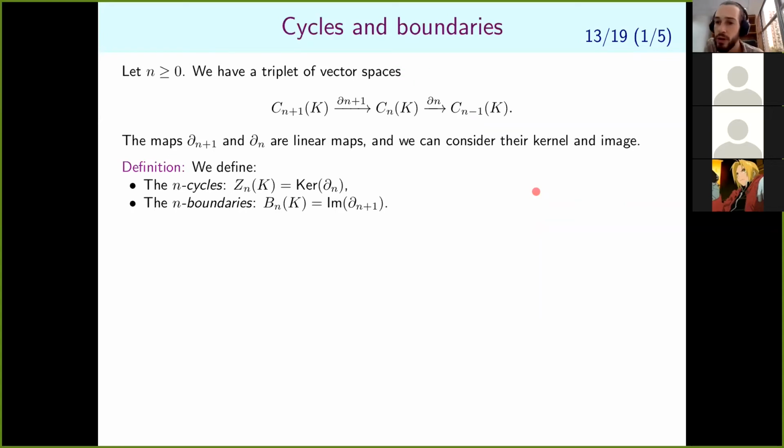And this is what we will do. In any vector space of chains, I will define the cycles as the kernel of the boundary operator, and I will define the boundaries as the image of the boundary operator.